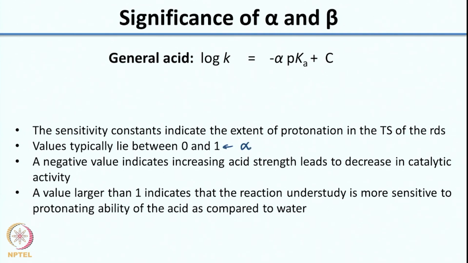Now, why is that? What would a value of 1 indicate? A value of 1 in this equation indicates that you have a linear correlation between the rate constant and the pKa of the acid. So, what does that tell you? The kinetics depends directly on the acid dissociation strength, which indicates that you essentially have complete protonation in the transition state.